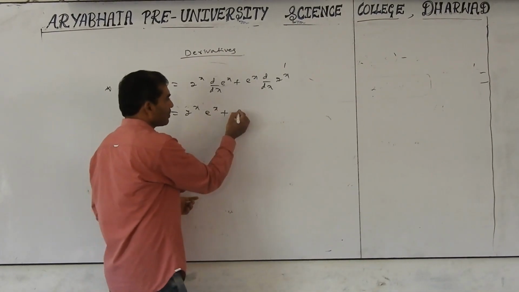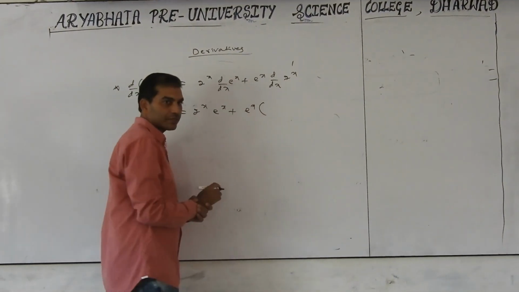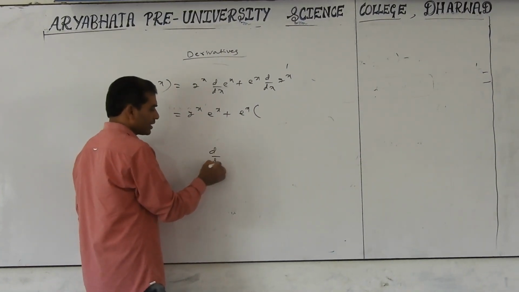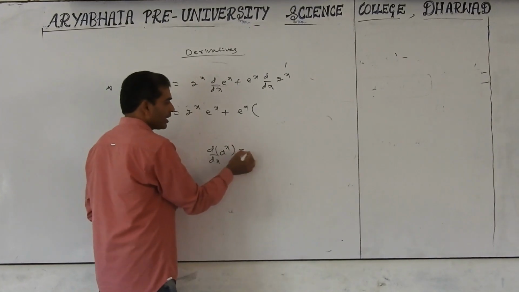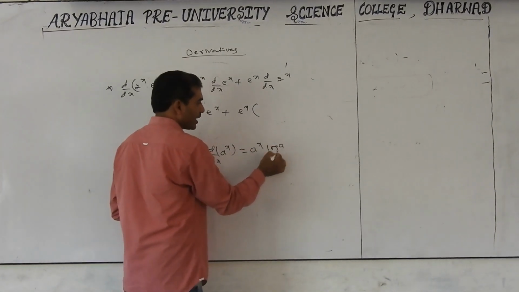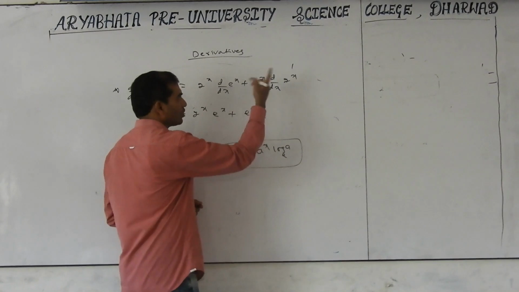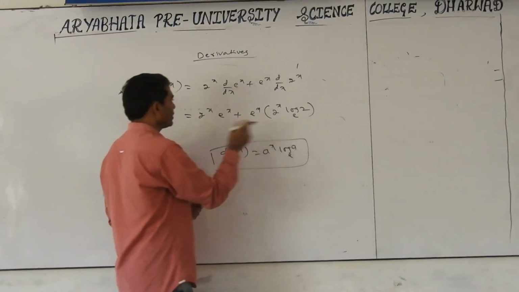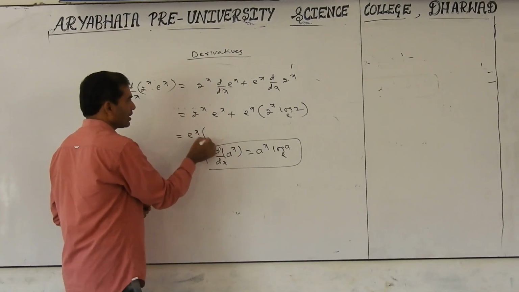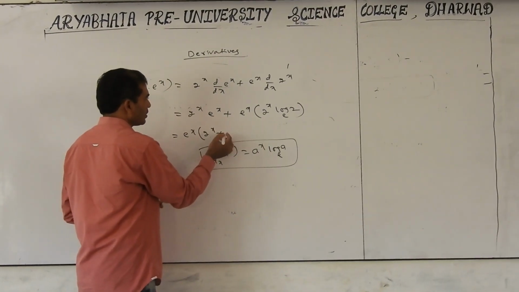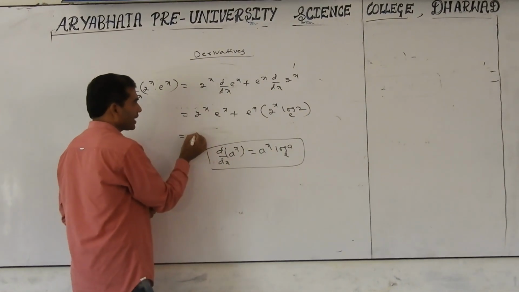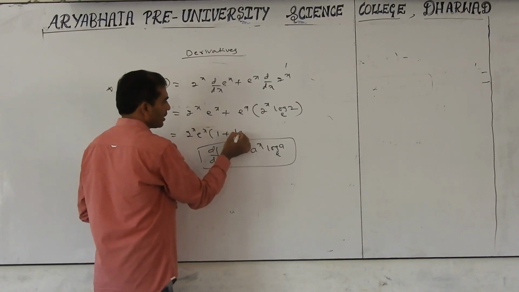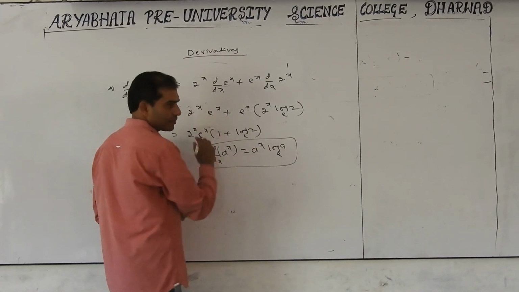And for e power x, derivative of 2 power x is in the form of a raised to x: d by dx of a power x formula is a power x into log a base e. So 2 power x derivative is 2 power x into log 2 base e. This is also e power x; take common 2 power x into e power x. We will get 2 power x e power x times (1 plus log 2 base e).